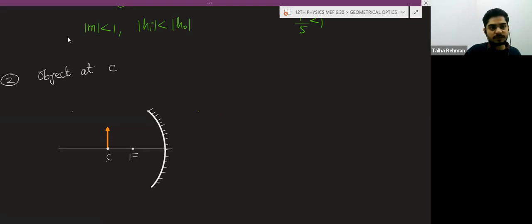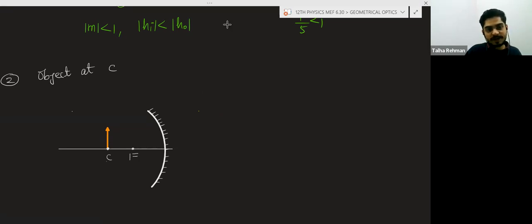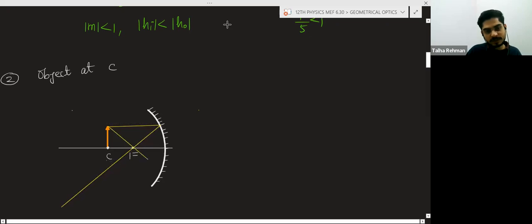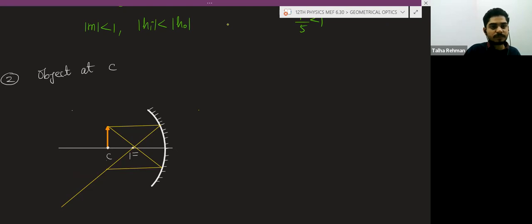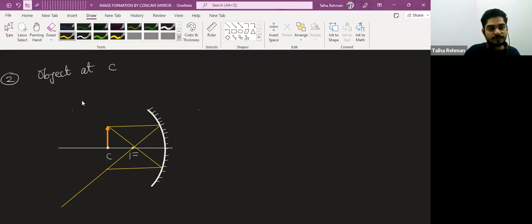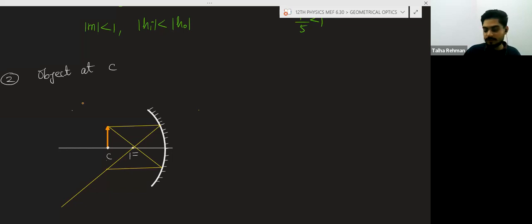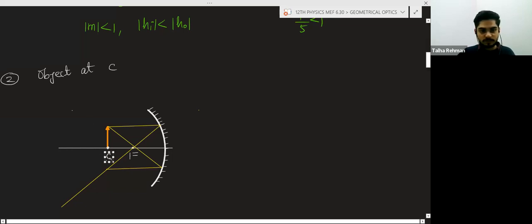So I am drawing two rays. First ray is parallel to the principal axis. After reflection, it will pass from the focus. Another ray is passing from the focus. After reflection, it will become parallel to the principal axis. Somewhere here these rays will meet. So basically, the image will form here.